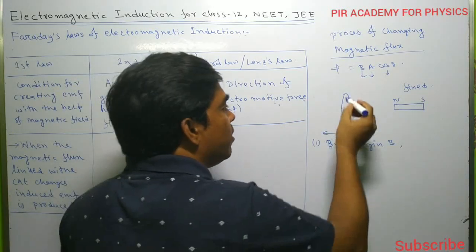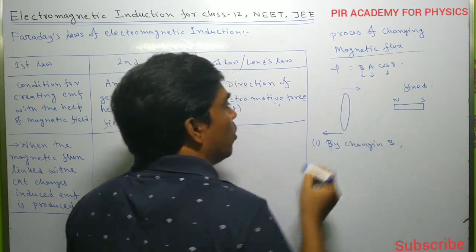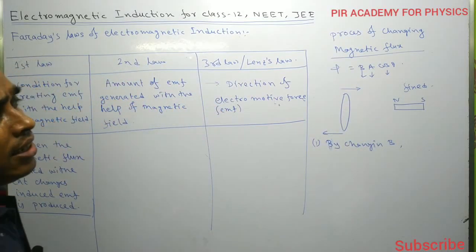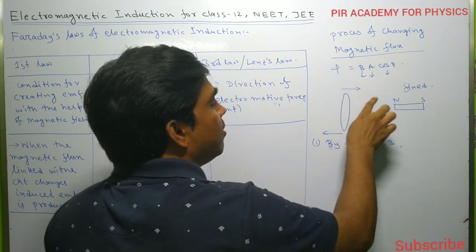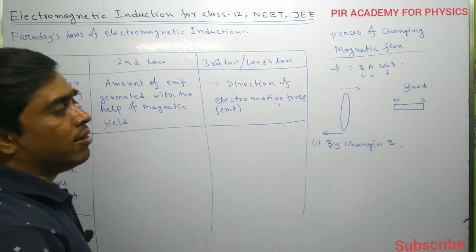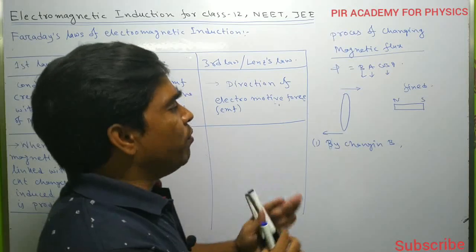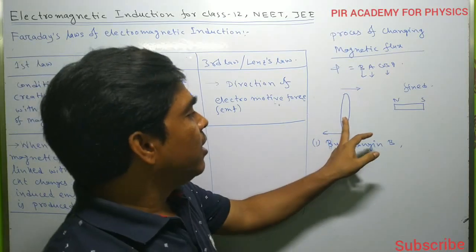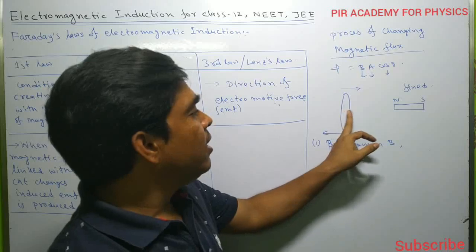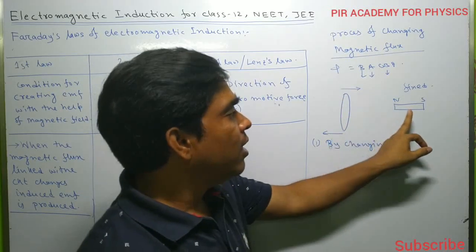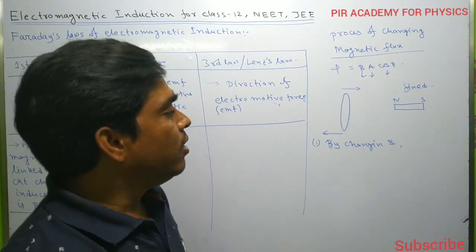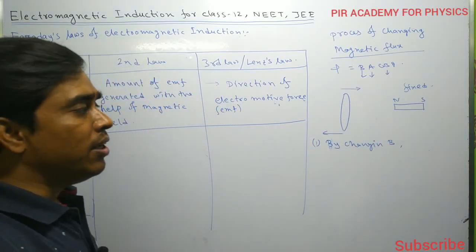Or if this loop moves towards the magnet, then there is a change in magnetic flux. That means if there is a relative motion between loop and bar magnet, then the magnetic flux will be changed.